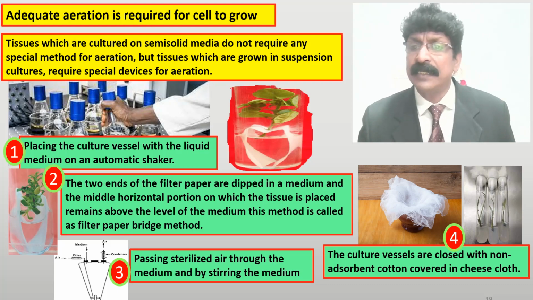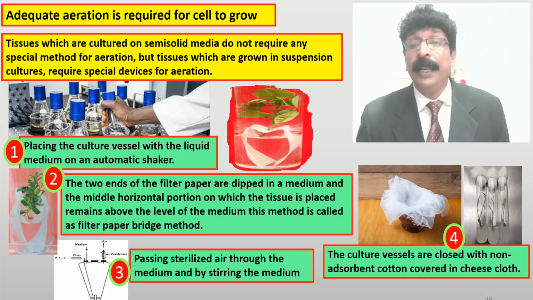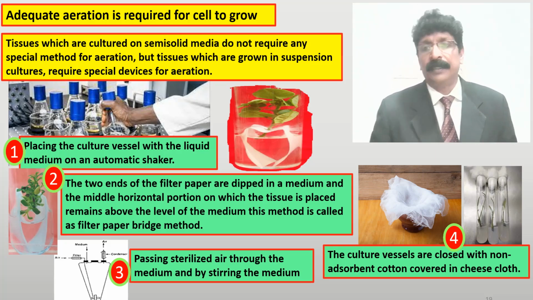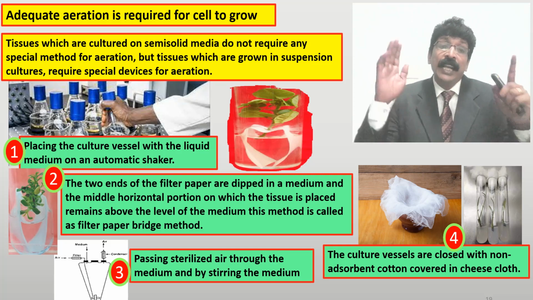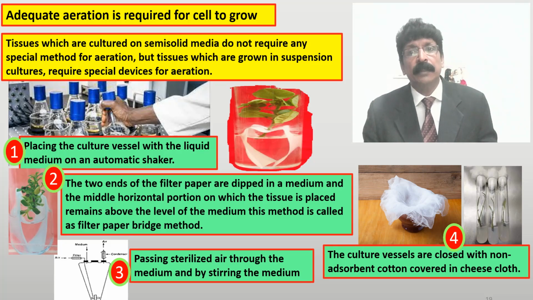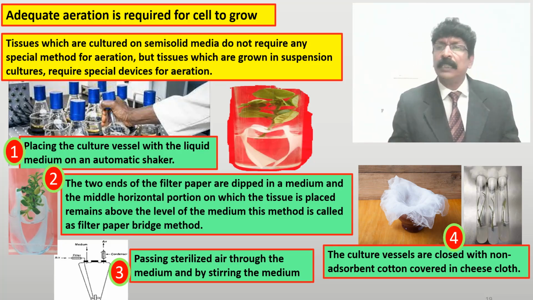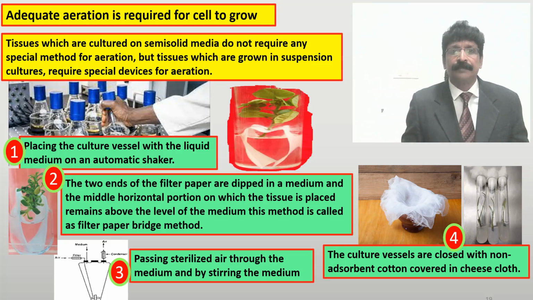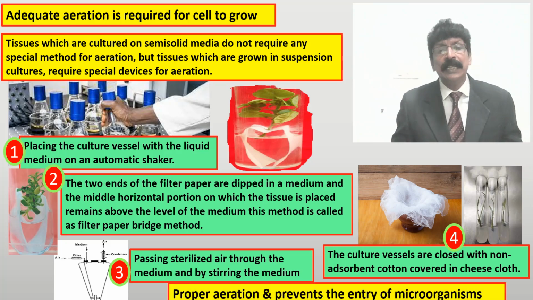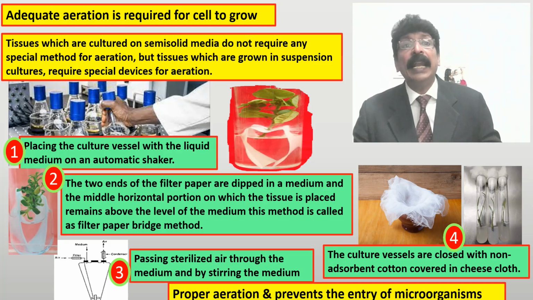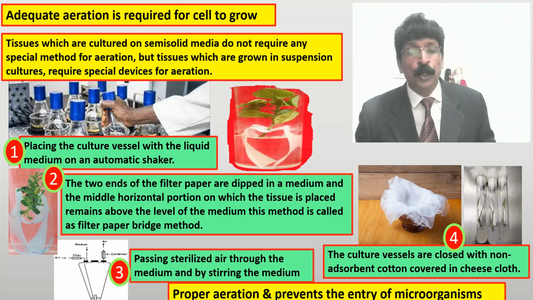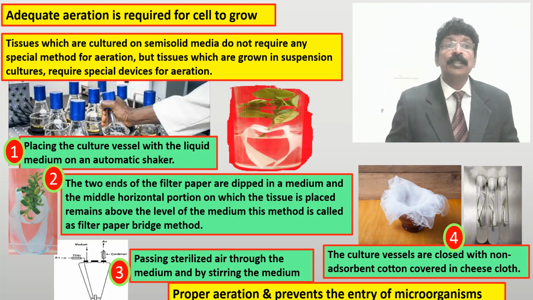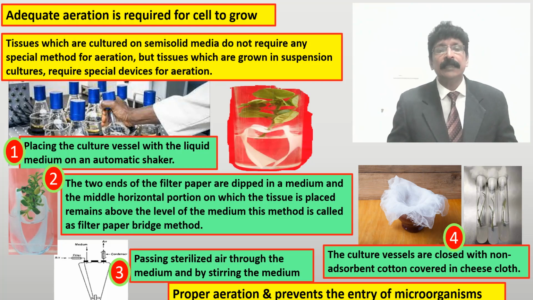Culture vessels are closed with non-absorbent cotton covered in cheesecloth. So these are all for aeration, for the adequate need of oxygen for the development of the plant. Proper aeration prevents the entry of microorganisms if you have this type of control filters and use adequate aeration for cell growth.